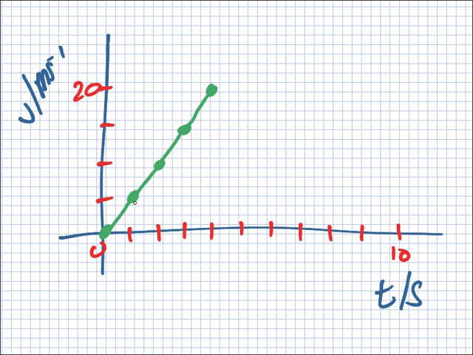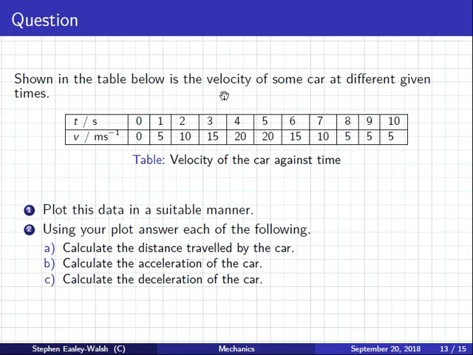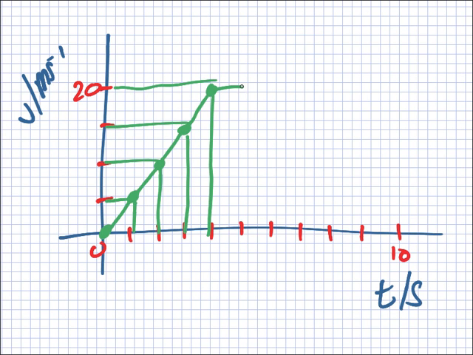Hang on a sec, let me draw these here to help. Then that's 20. And what's next? 20 again. Okay. And 15, 10, 5, 5. And then 5 and 5. Okay, so that's the graph.